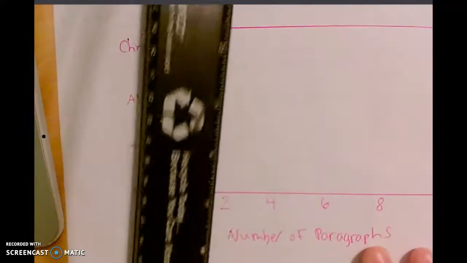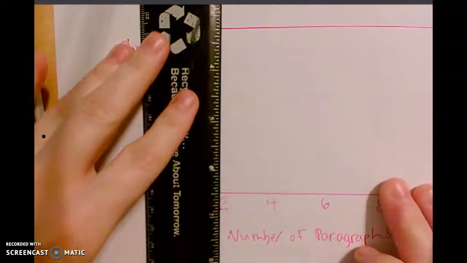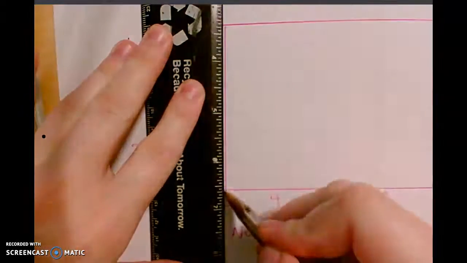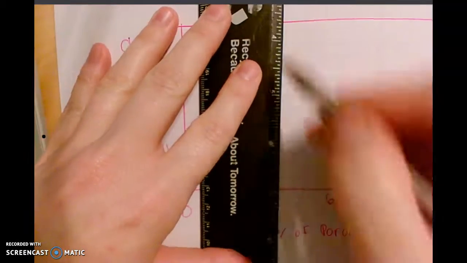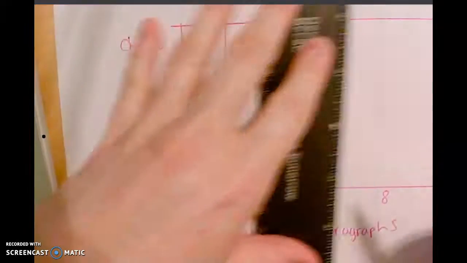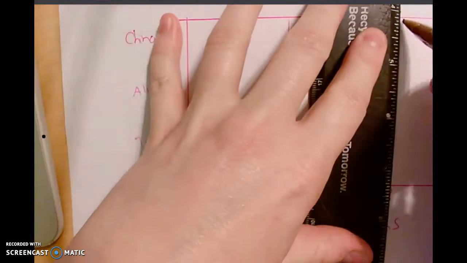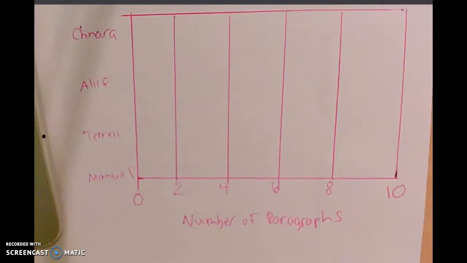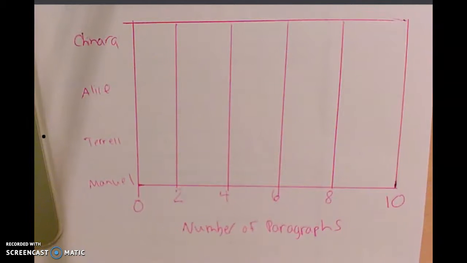Now I'm going to use my ruler again, and I'm going to draw a straight line above each increment. And if you were ever asked to make a table on your homework, please do it on a separate sheet of paper. Don't try and cram it into that small box on your homework paper.